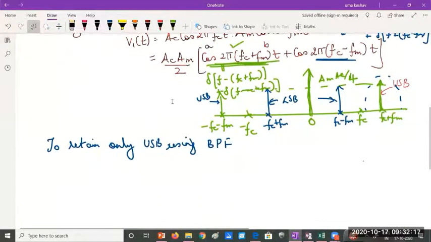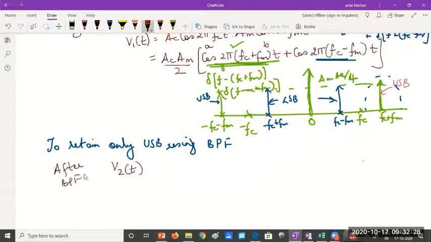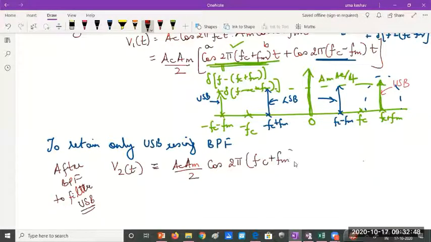And what would you get? Output, say V2 of t after the band pass filter. The BPF was designed to filter the upper sideband, let me say. What would the output of the filter be? It would be AcAm by 2 cos 2 pi (Fc plus Fm) t.